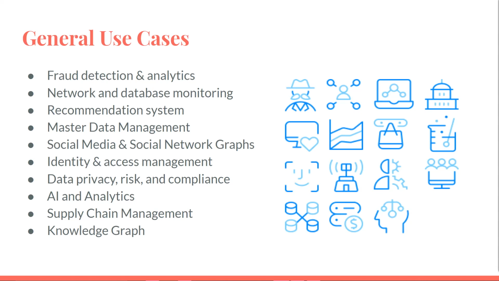Social media networks are already graphs, so there's no point converting a graph into tables and then back into a graph again. Having a data model that directly matches your domain model helps you better understand your data, communicate more effectively, and avoid needless work.